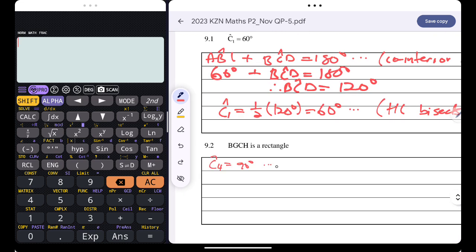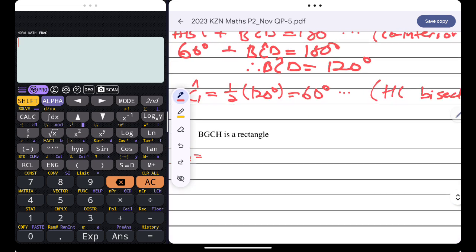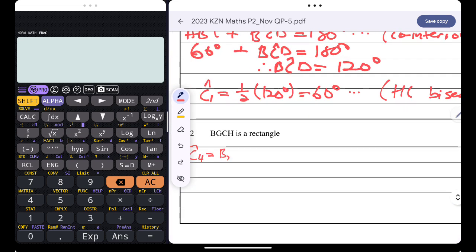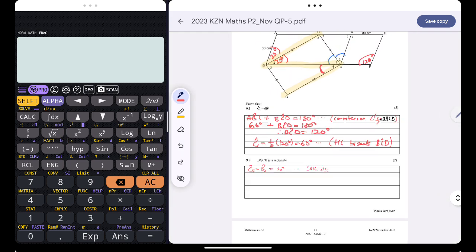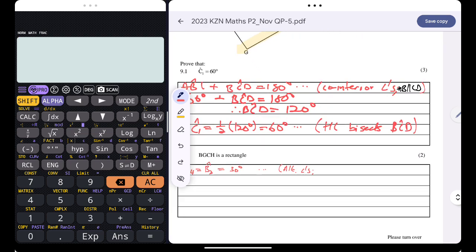C4 is 30. Angle C4 is equal to angle B2, and both of them are 30 degrees. I'm saying they're equal because they are alternating angles. And they are alternating because BH is parallel to CG.